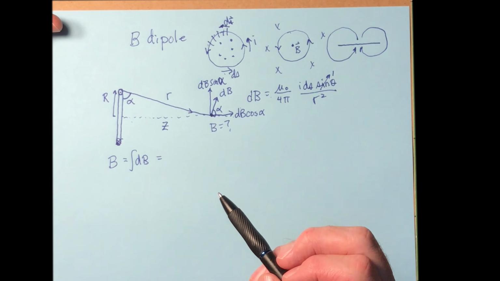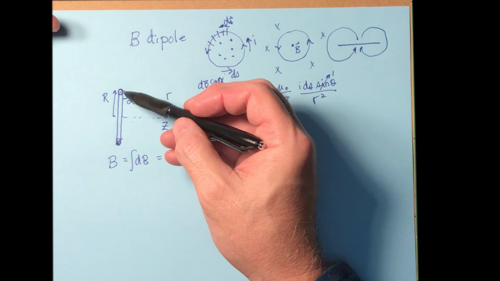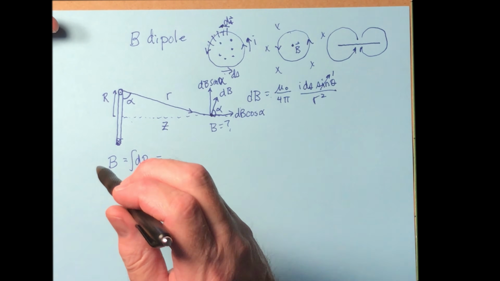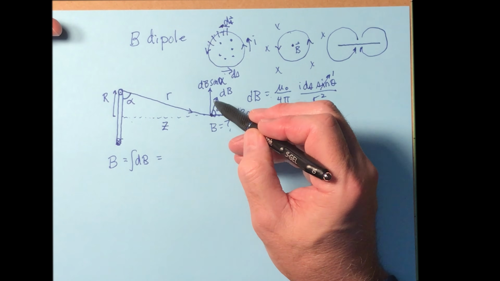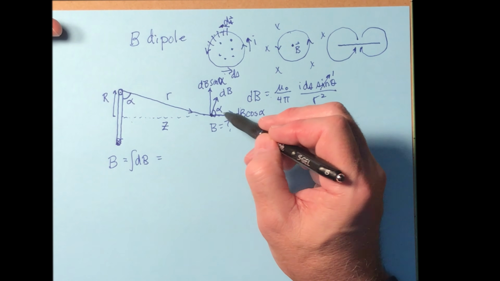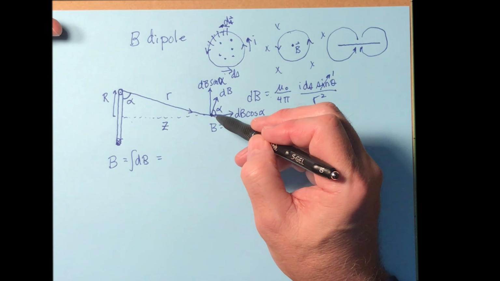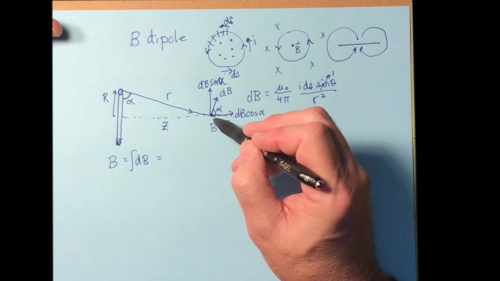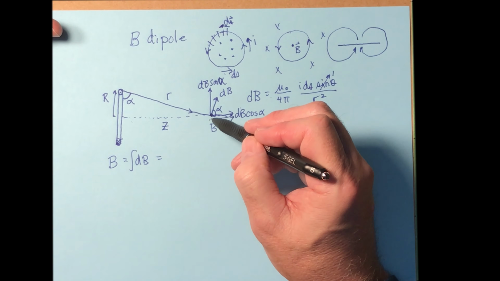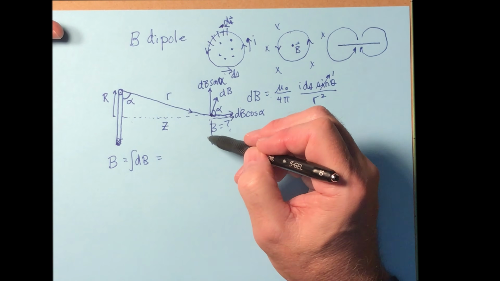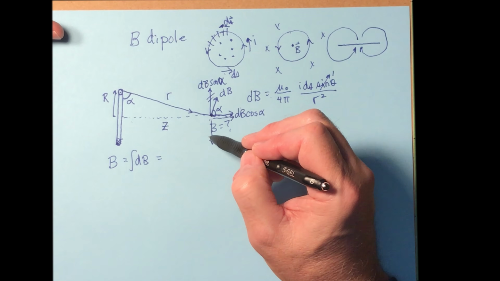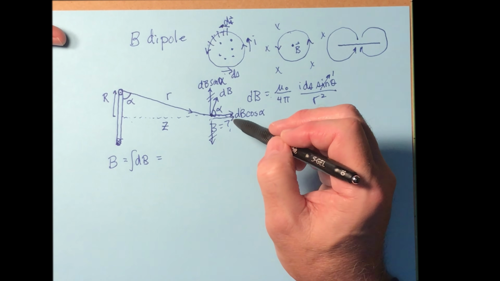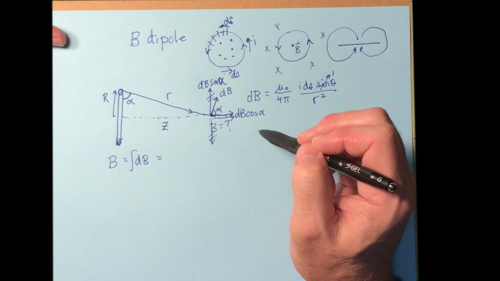Now, based upon symmetry, for a ds component down here, going in, you're going to have the same set of coordinates and the same alpha. And what you're going to discover is that the cosine terms are going to add to each other, but the sine terms, which would happen down here, are going to cancel each other. So those two components cancel each other, but the cosine components are going to add.